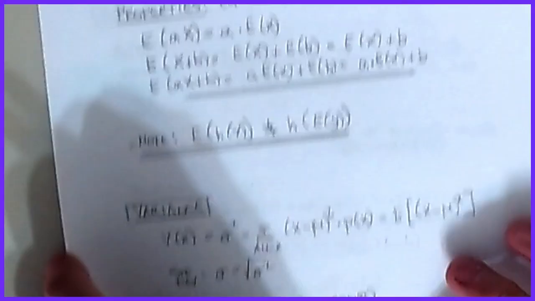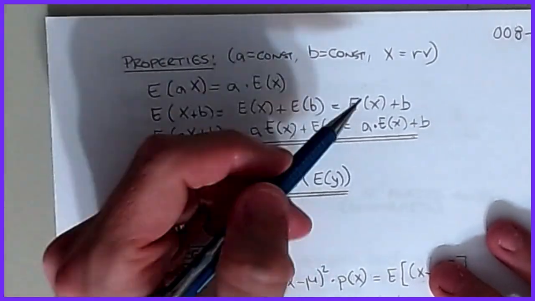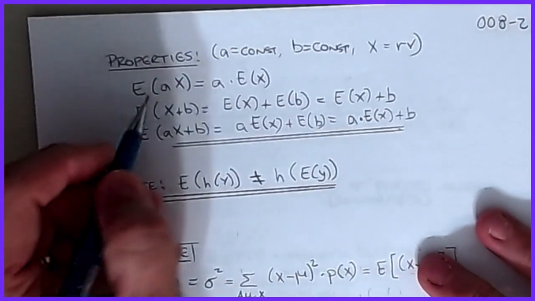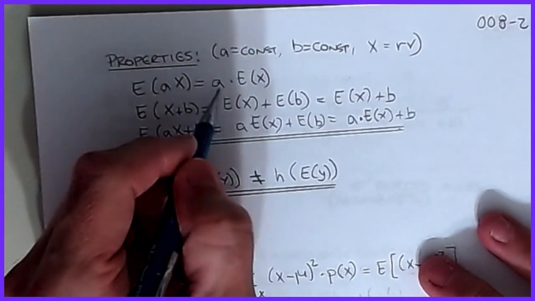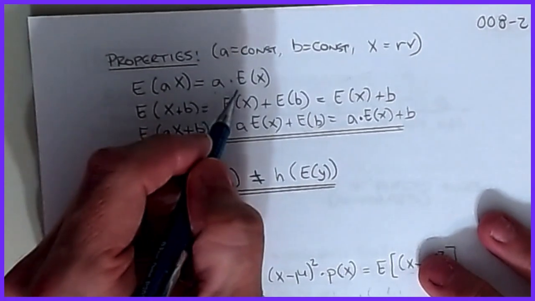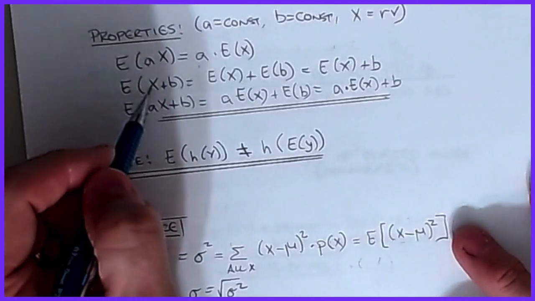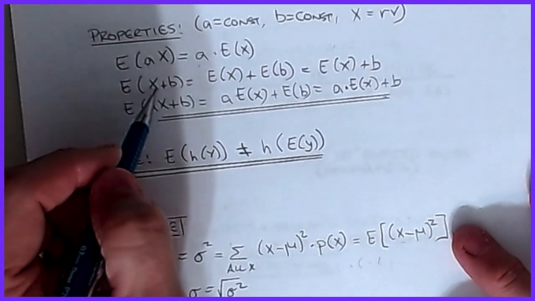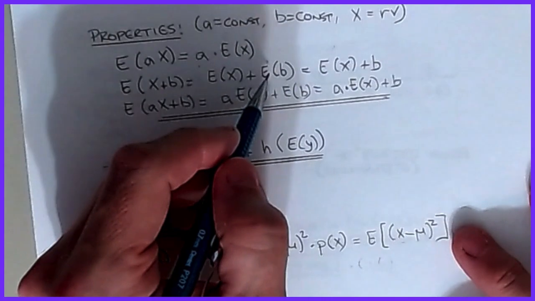Okay, some of the properties that we have for expected value look like the following. I'm going to define constants a and b, and my random variable will be x. If I have the expected value of a constant a multiplied by x, I can pull the a outside, and that becomes a times the expected value of x. Likewise, the expected value of x plus b is the expected value of x plus the expected value of b.